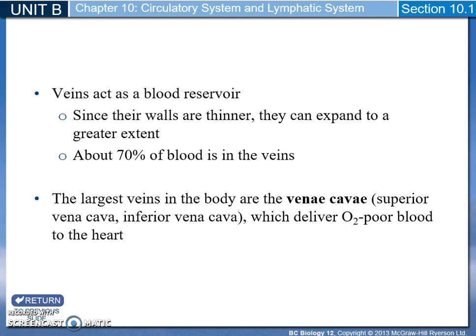About 70% of blood at any given time is actually in the veins. The largest veins in the body are the vena cava. We have a superior vena cava and an inferior vena cava. Superior means toward the head, and so that drains the upper body, and the inferior vena cava means toward the lower part of the body, which drains the lower body and delivers oxygen-poor blood back to the heart.